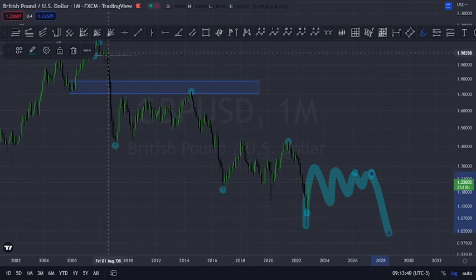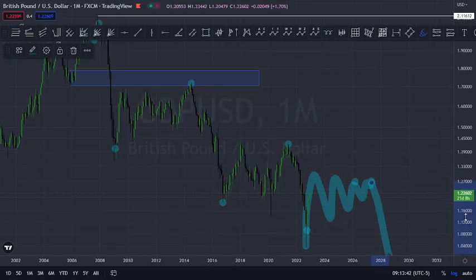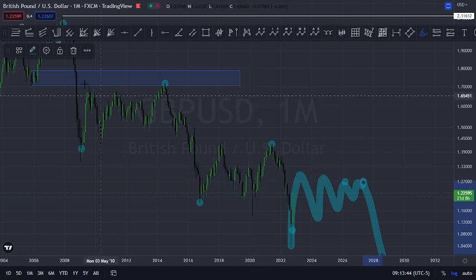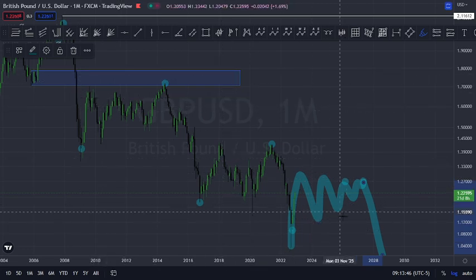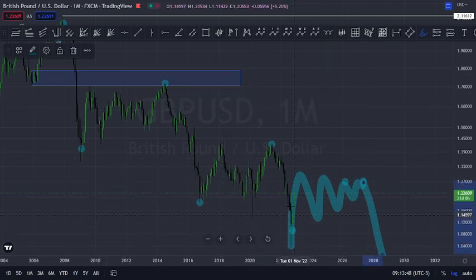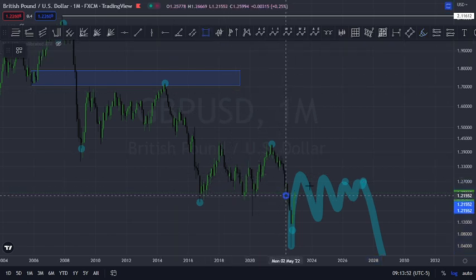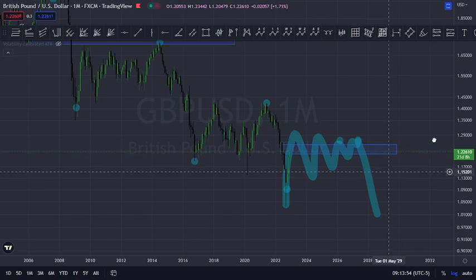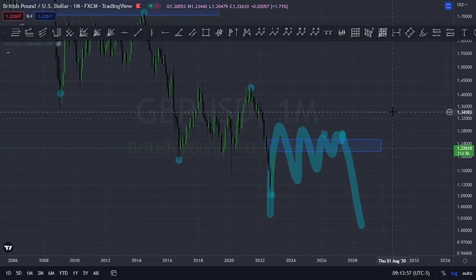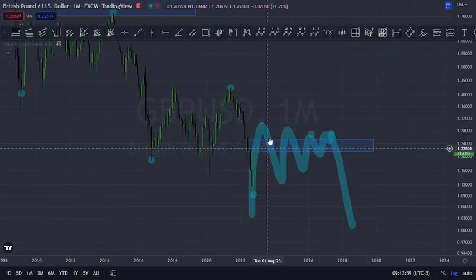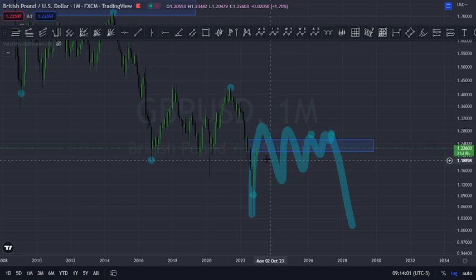To move maybe further down. I say maybe because on the monthly chart I have two options. The first option is that the market is taking the internal liquidity and rejecting from this breaker. We are in a critical situation here, a decision point.